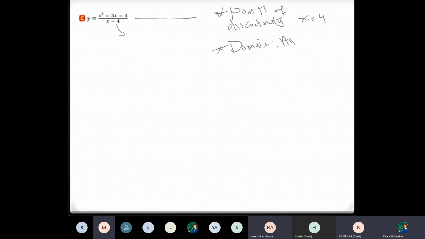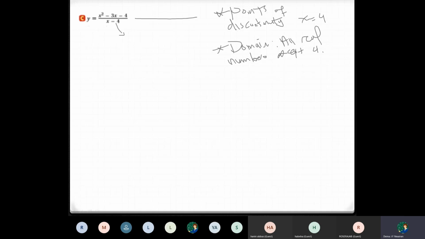So the point of discontinuity is at x equals 4. What about the domain? All real numbers except 4. Now, after that, I want to check if it is removable or non-removable discontinuity.